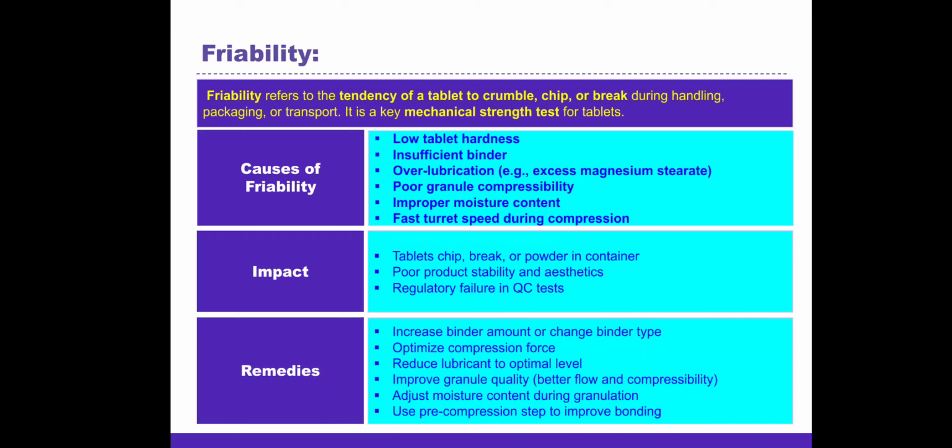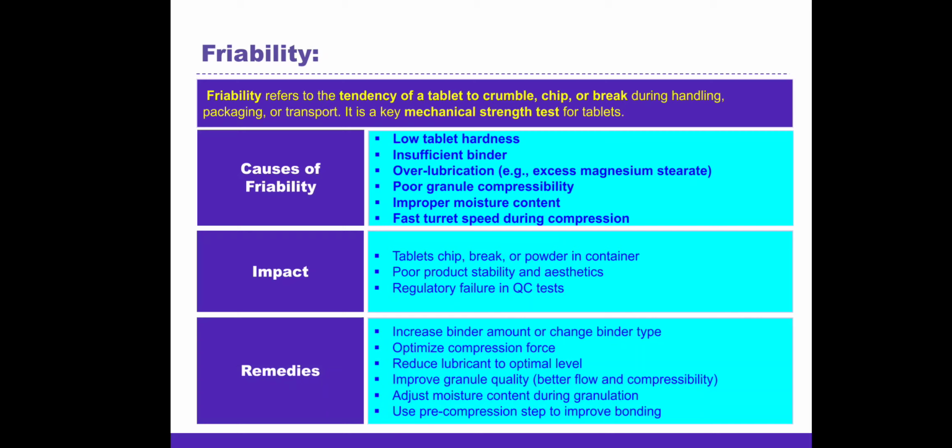We have to control the compression force within a limit on the basis of observation which we are getting during the batch compression. Then reduce lubricant to the optimal level. This particular remedy is also related to process development, so we have to follow the standard flow and we have to rectify it.